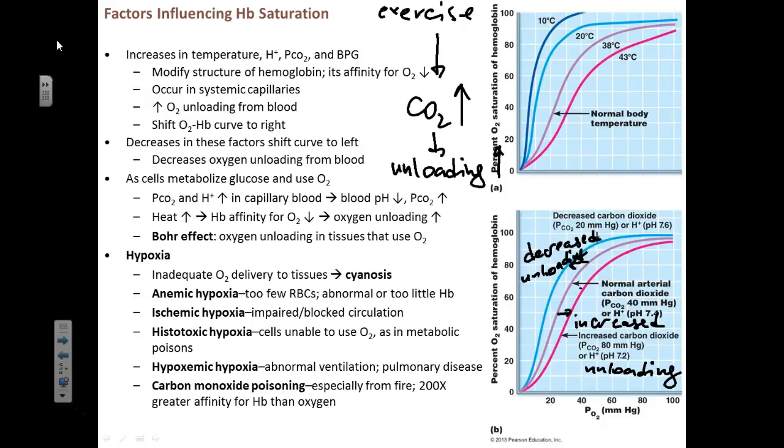Now let's take a look at the temperature. With the increased temperature, where does the curve shift? To the right, which means unloading increases. Let's sum it up. What increases unloading? Temperature. CO2.